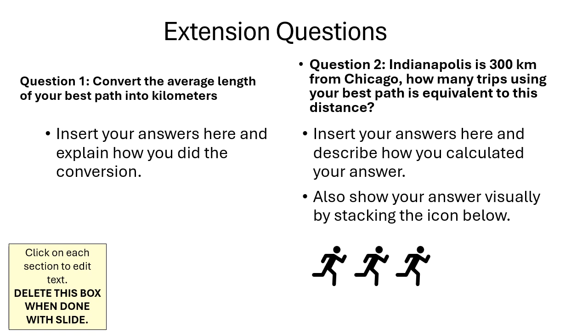You're going to insert your answers and describe how you calculated your answer. And you're also going to show your answer visually by stacking the icon below. So you'll put the little running person as many times as you need to indicate how many trips using your best path would be equivalent to going from Indianapolis to Chicago.